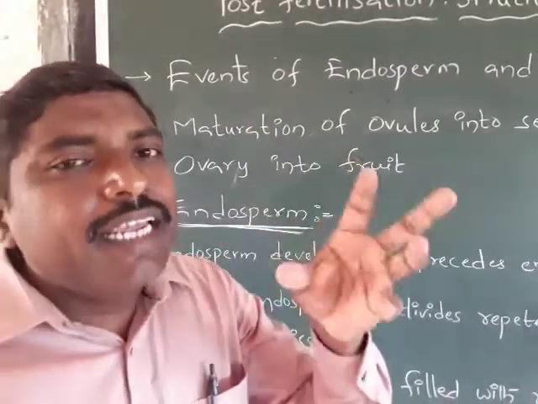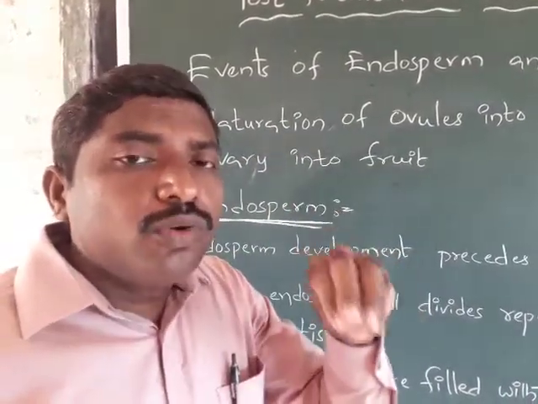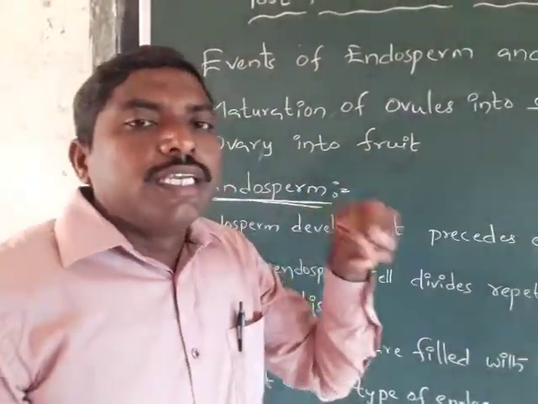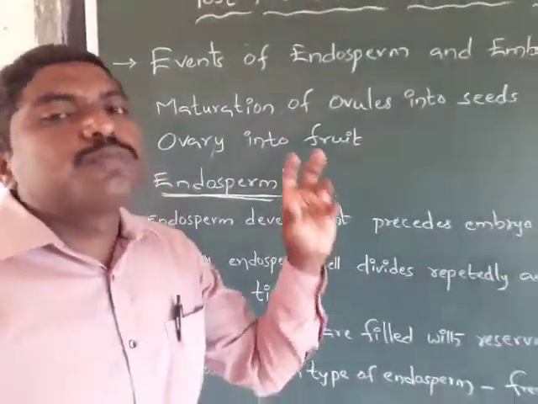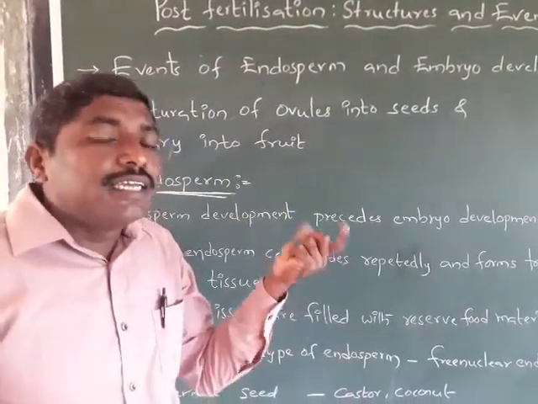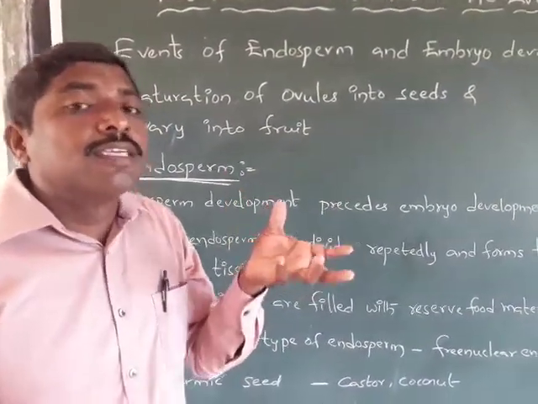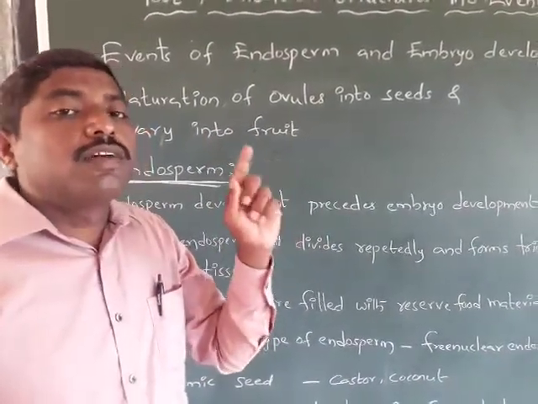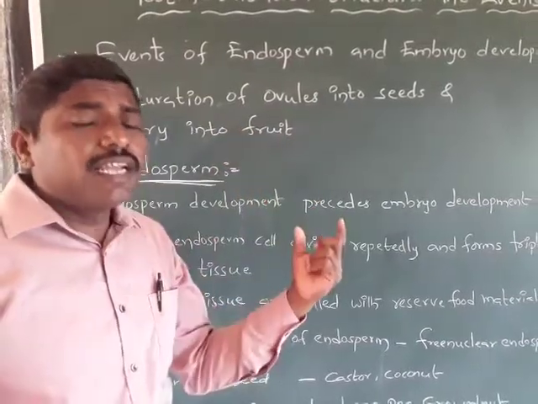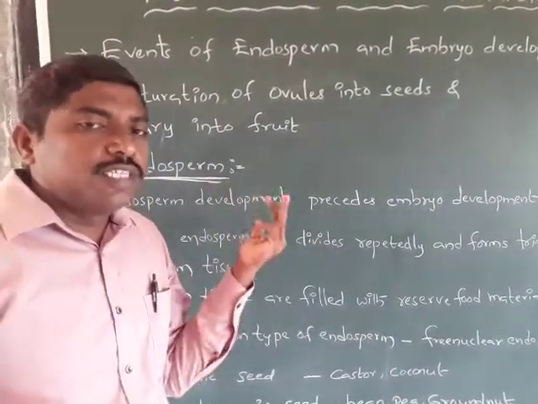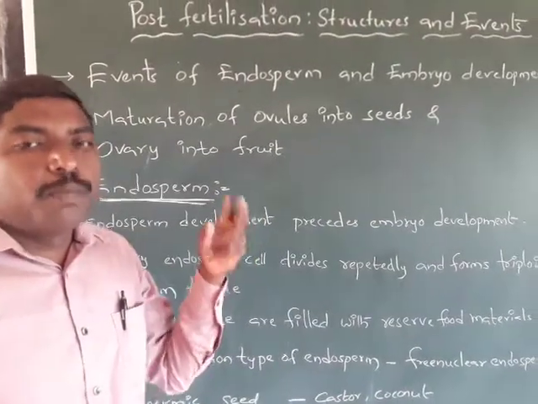It is a fusion of three haploid nuclei, and this is called the primary endosperm nucleus. It is in triploid condition because there are two polar nuclei and one nucleus from the male gamete. So this is called triple fusion.